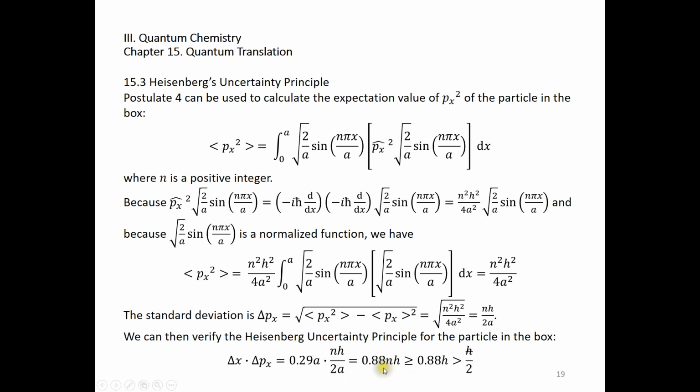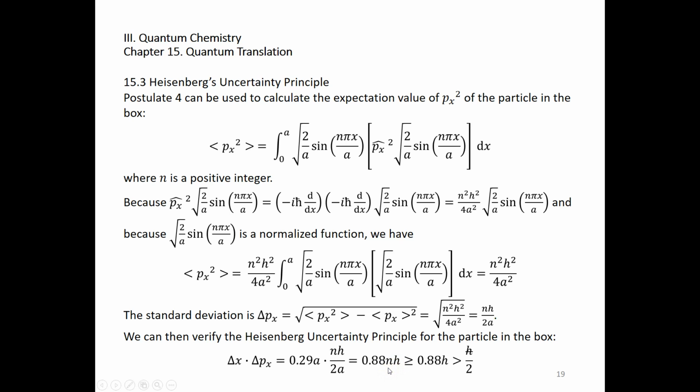Okay, there's a typo over here. This is actually supposed to be h bar. What I did is h is h bar times 2 pi. 2 pi over 2 is pi, and then pi times 0.29 is 0.88. So over here, this is actually 0.88 n h bar.